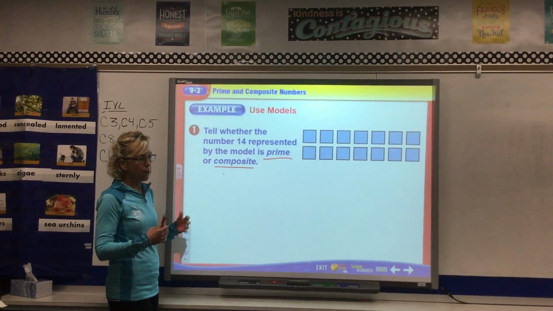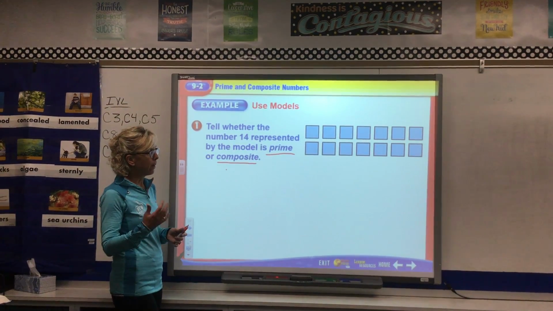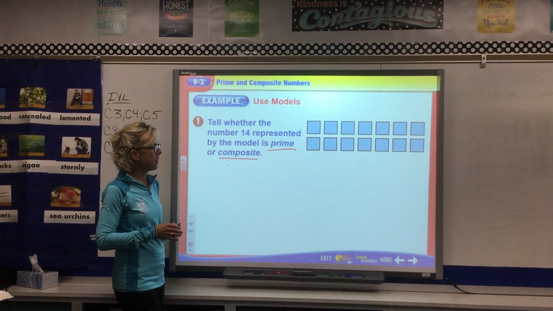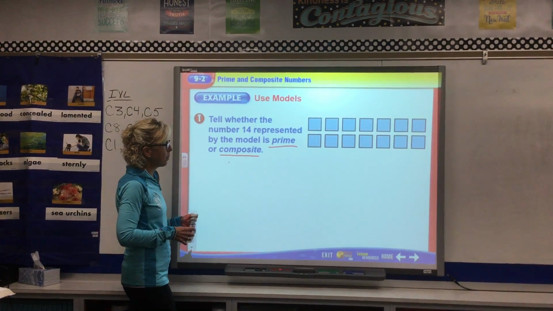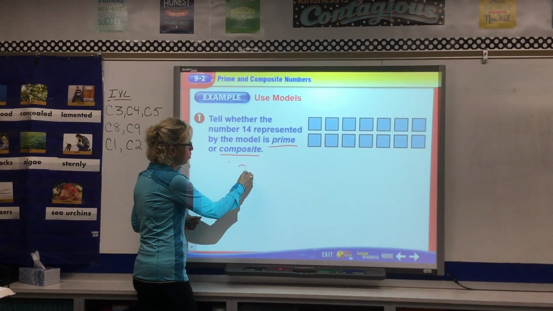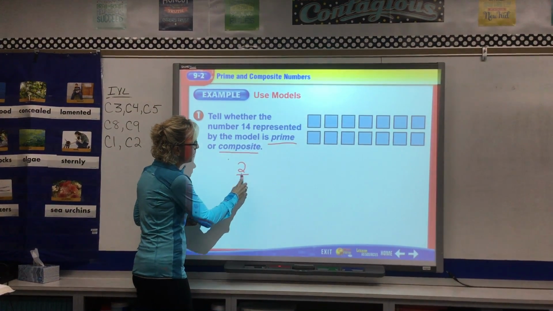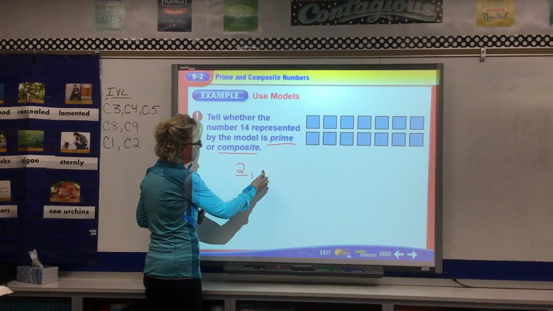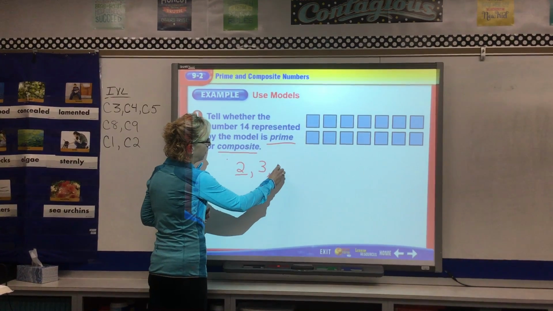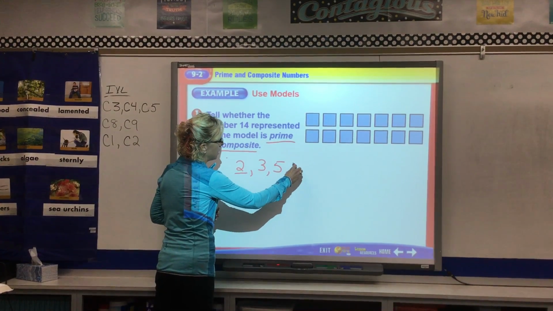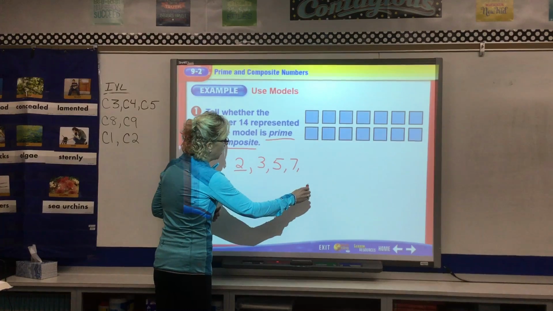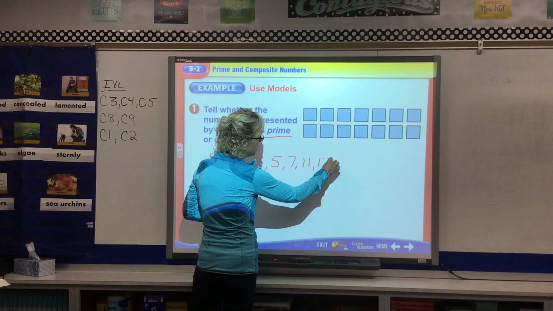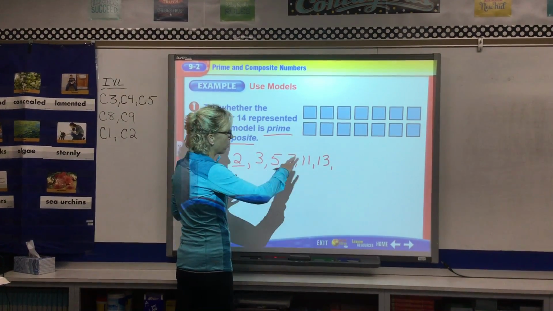If I said I want all of my students whose classroom number is prime to stand up, I would have numbers like 2, and 2 is kind of special because it's the only even prime number. Then 3 would stand up, 5, 7, 11, 13, and so on, and we could go on.